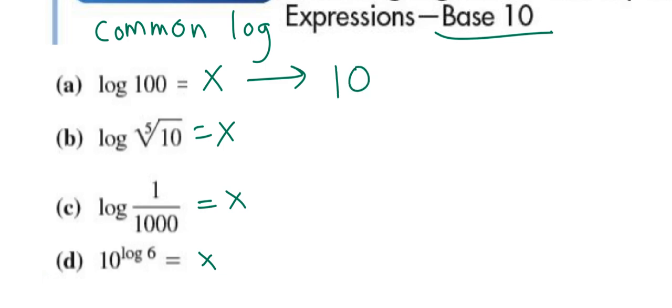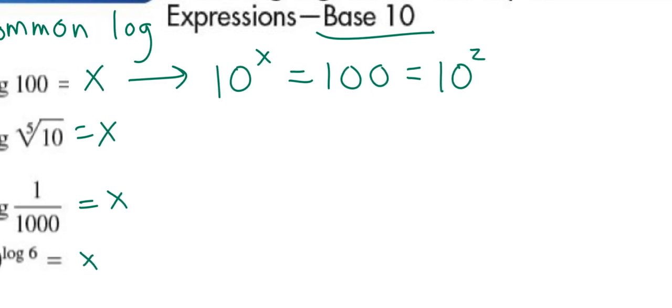Okay, so hopefully you said 10 to the x equals 100. Anybody know how to rewrite 100 as a power of 10? 10 to the what? 10 to the second. Now, I have seen people say 10 to the 10th. I've seen 10 to the 10th several times today.